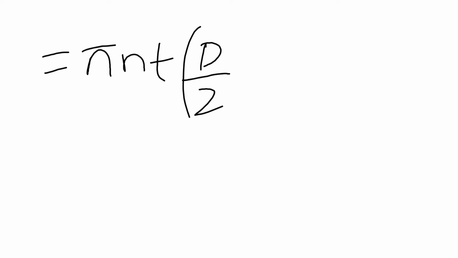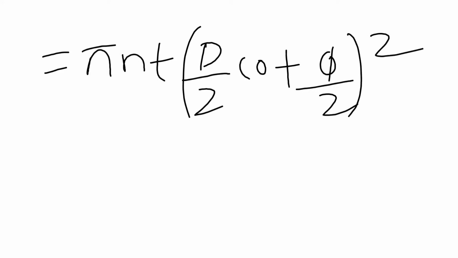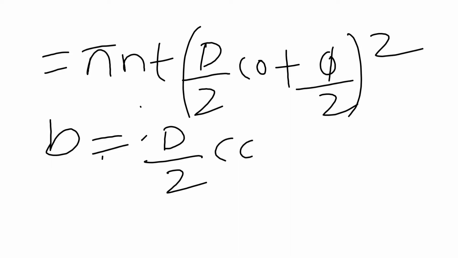Then write that f is pi n t d by 2 cot theta by 2 whole square. Therefore b equals d by 2 cot theta by 2.